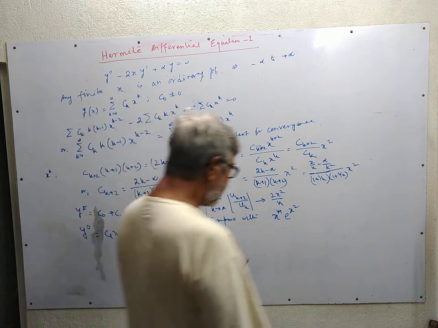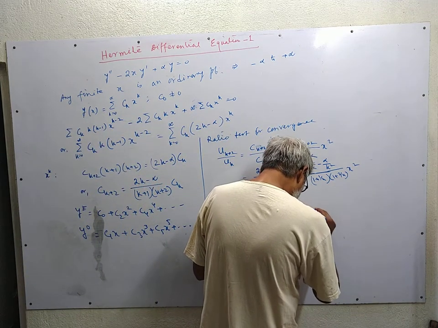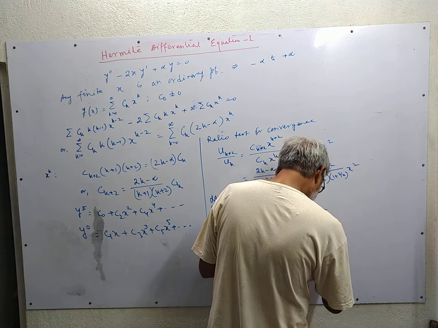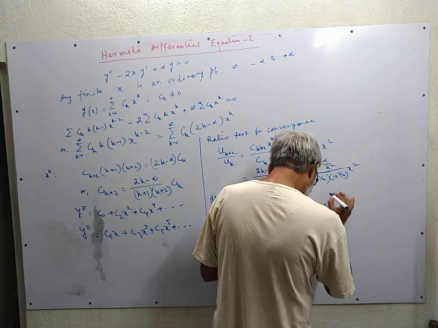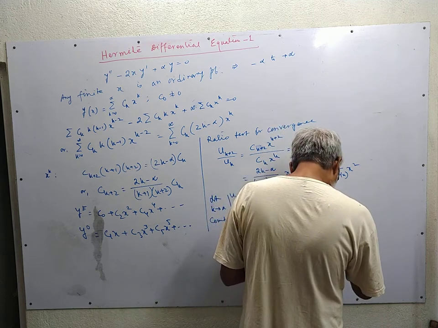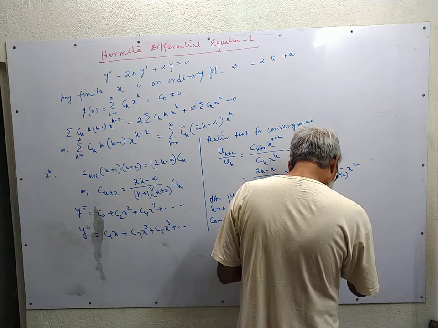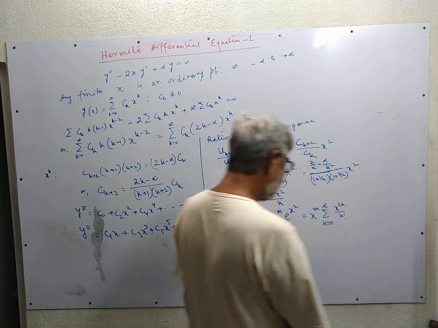Then this can be expanded in Taylor series as x to the power m, summation over k equal to 0 to infinity, x to the power 2k by k factorial.